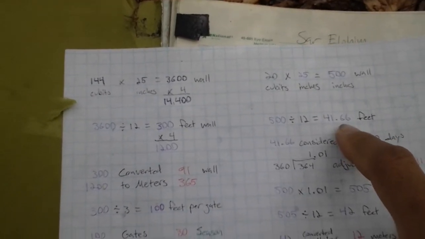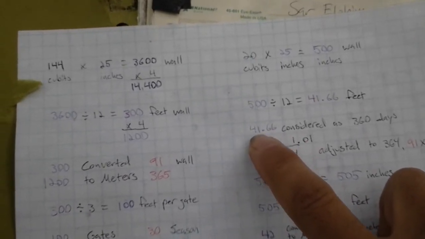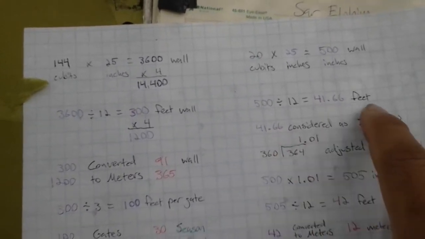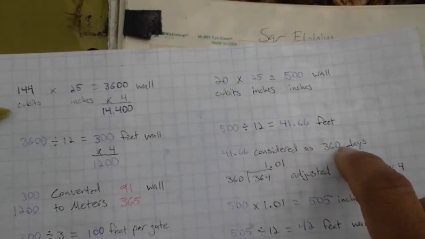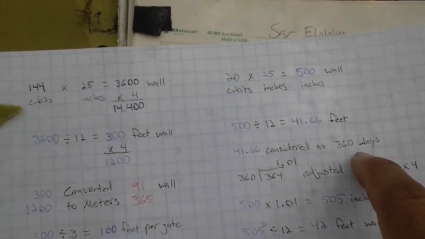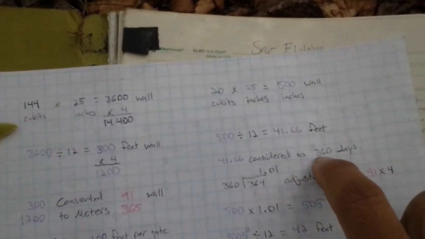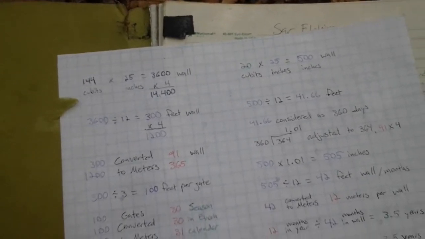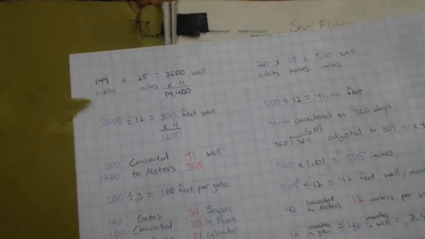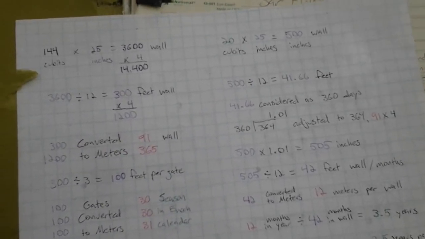So what's going on? Well, when we look at it, we consider that 41.66 feet relates to 360 days, okay? And then what we must do is these are prophetic days. So sometimes there are prophetic days that require additional solar days, okay?